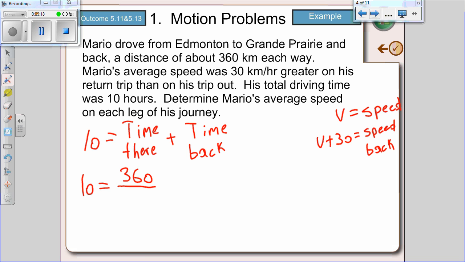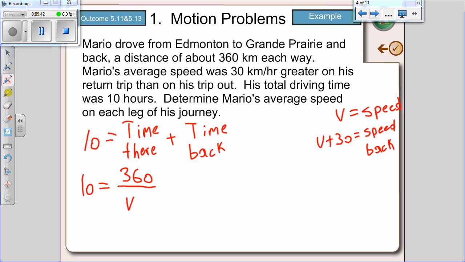So find that, would you, because then you have to rearrange it, right? We still need to figure out our time back. How long did it take us to come back? I thought 10 hours was the entire length, so wouldn't it just be 5 hours there and 5 hours back?